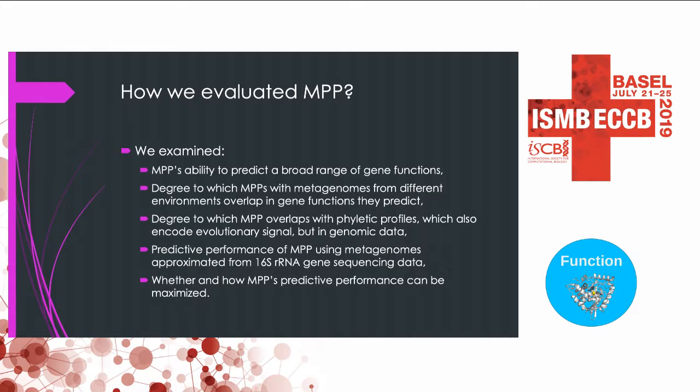We also compared MPPs with phyletic profiles, a similar representation that is based on genomic data. Then we took 16S rRNA data, constructed MPP from it, and analyzed MPP's predictive accuracy. And finally, we performed a simulation to see how we can maximize MPP predictive accuracy.